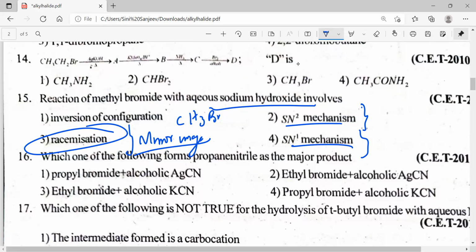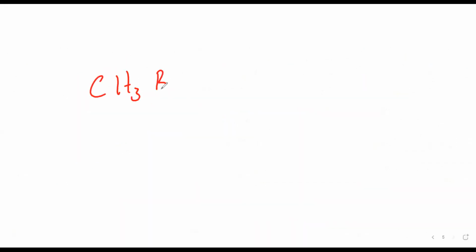First, write down what is the compound we are talking about. CH3Br. Is it a primary alkyl halide? Just tell me that. Or secondary or tertiary, what do you think? CH3Br. Yes. In the SN2 mechanism, primary is greater than secondary is greater than tertiary.